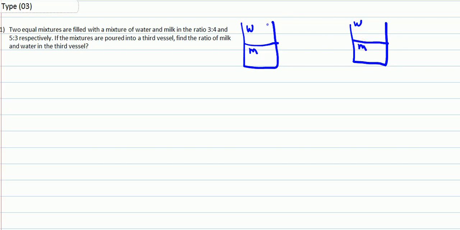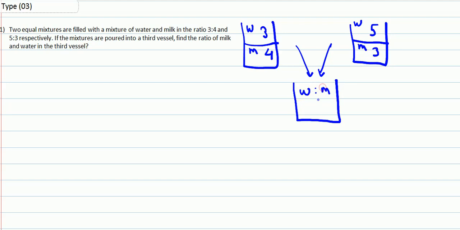So it says the ratio in the first vessel is 3:4 and second is 5:3 respectively. So it has said that we are pouring these two vessels in a third vessel, and now we are supposed to find the ratio of water and milk in this vessel.